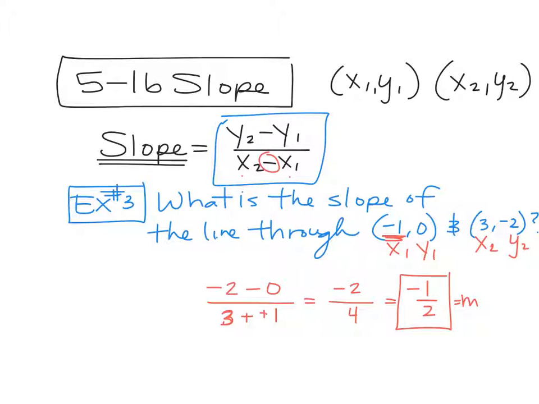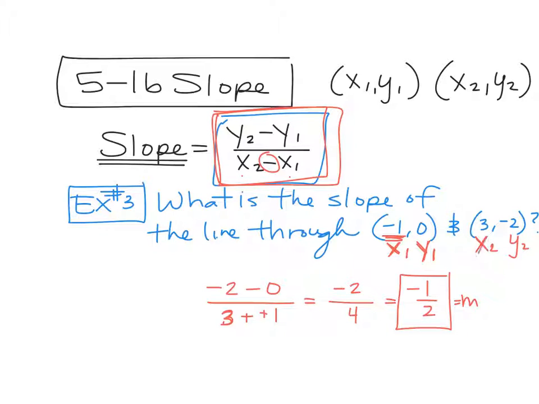Yeah, Avery. So I understand how you got the -1/2, but I did not follow how you got the -2, 0. Okay, so this is the formula, right? y2 minus y1 over x2 minus x1. So I'm just going to assign one of these as x1, y1 down below. My -1, 0 is going to be my x1, y1.